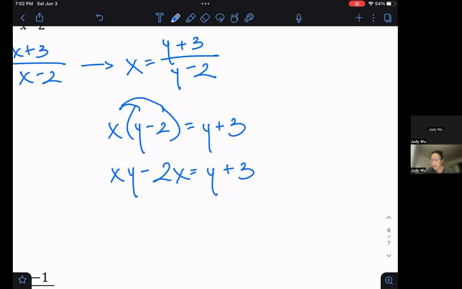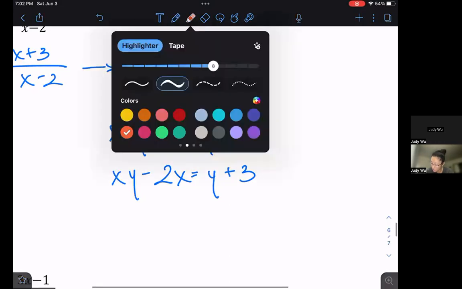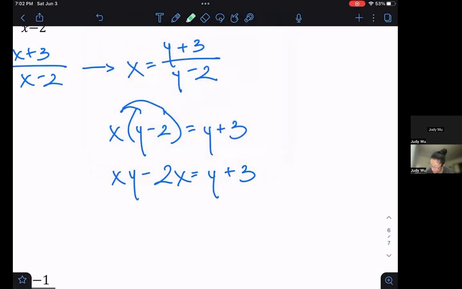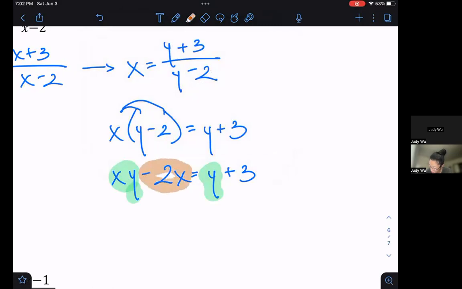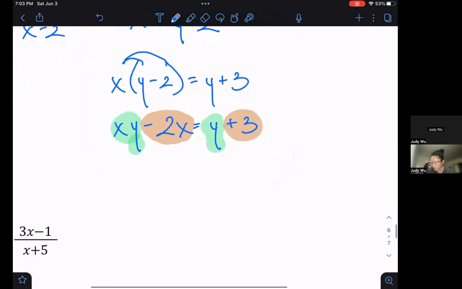Now, I'm going to clump all of the terms that have a y in them. So these two, they both have the y's on one side. And then everything that doesn't have the y's, I'm going to put on the other side. Okay.